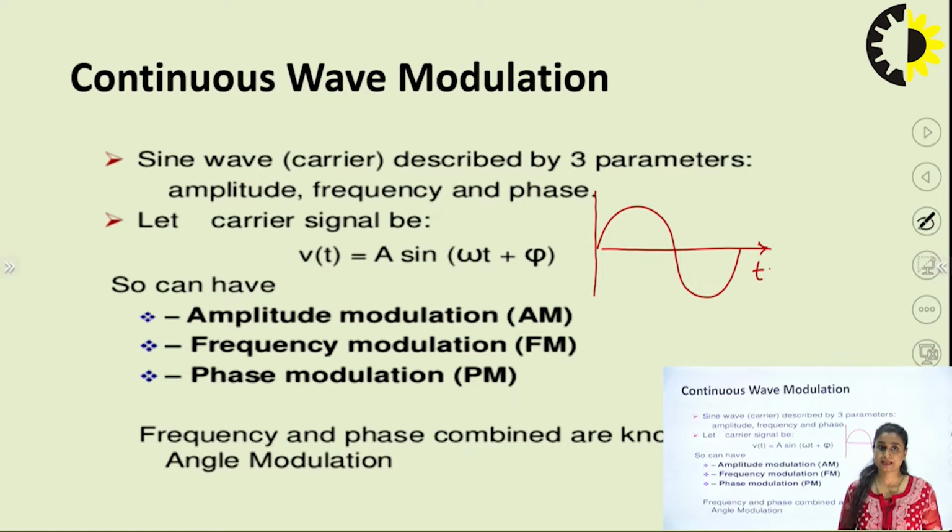When my message signal is analog in nature, this has to be a continuous wave, so it is also called continuous wave modulation, where the wave is a function of time.